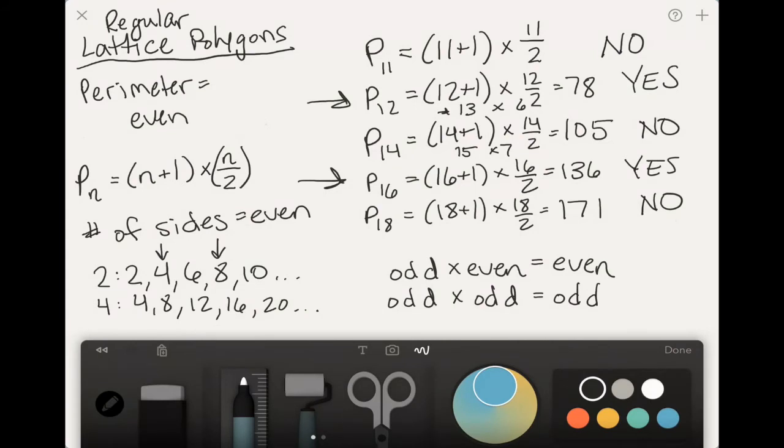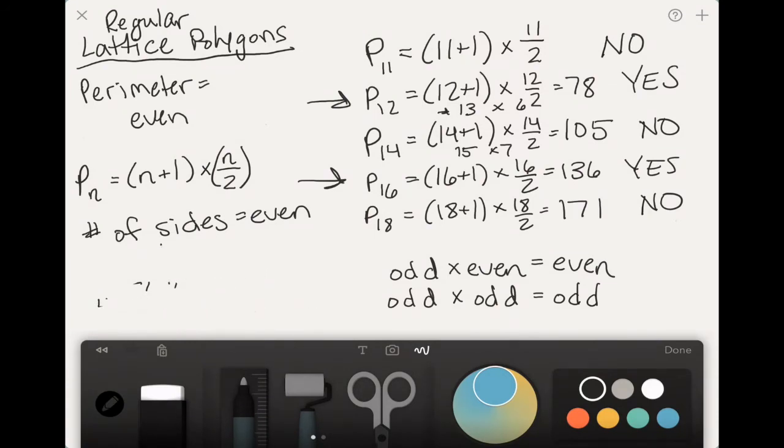So that works. So now we know that the number of sides must be a multiple of 4.